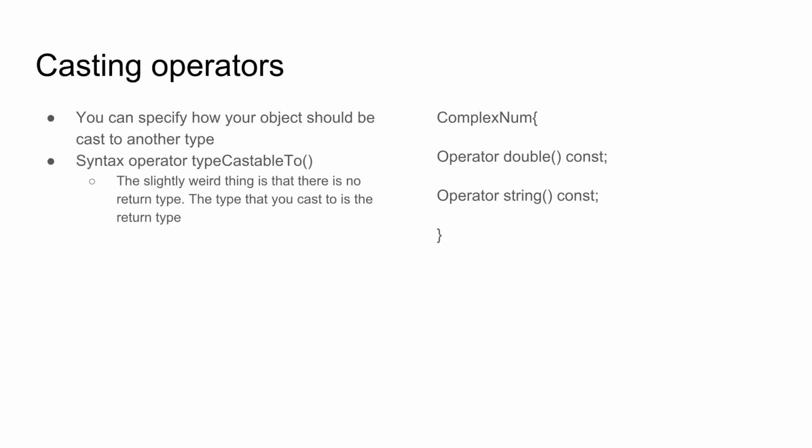So if you did complex num a is equal to 5i plus 9, that wouldn't work because 5i looks to the compiler like the number 5 followed by the variable i. Right? So that would not work. What you could try doing is overload the equals operator to accept a string, and have that parse the string to get the arguments.